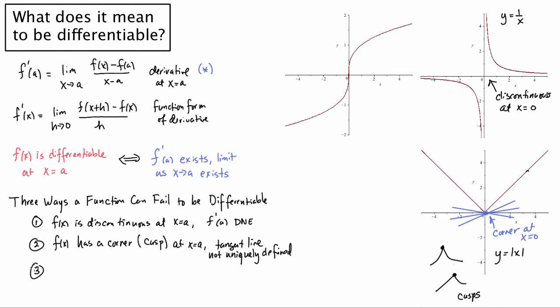The third possible way in which a function can fail to be differentiable is if the function has a vertical tangent. So f of x has a vertical tangent. And this is actually one of the more common ways, other than discontinuity, that it fails to be differentiable: it has a vertical tangent at the point x equal to a.